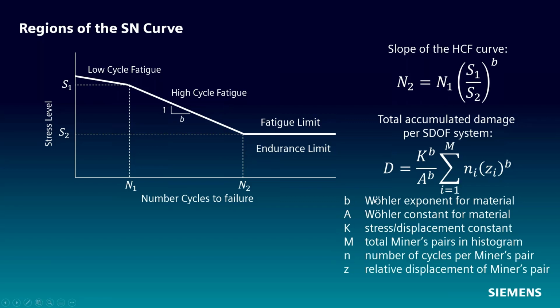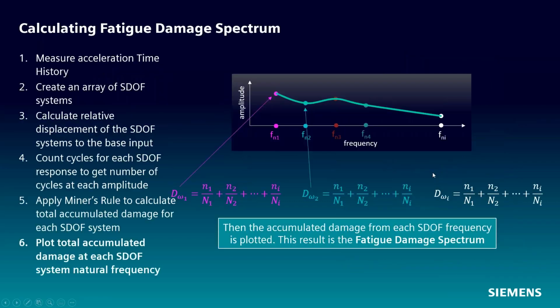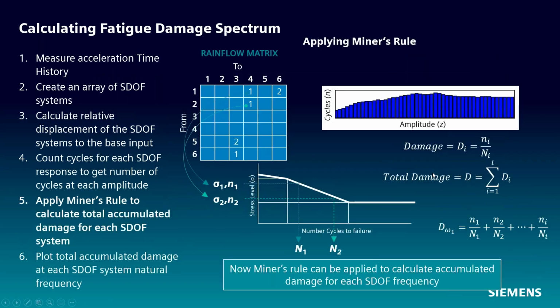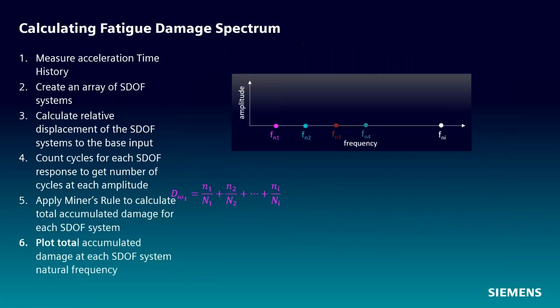In order to describe this line, we have some constant A to the exponent B, and then when we plot that in a log-log plot, we get a straight line. We do this calculation for each one of these Miner's pairs, we call them, in our histogram. So if you look back at our histogram here, each one of these entries in the histogram, each one of these bars is a Miner's pair.